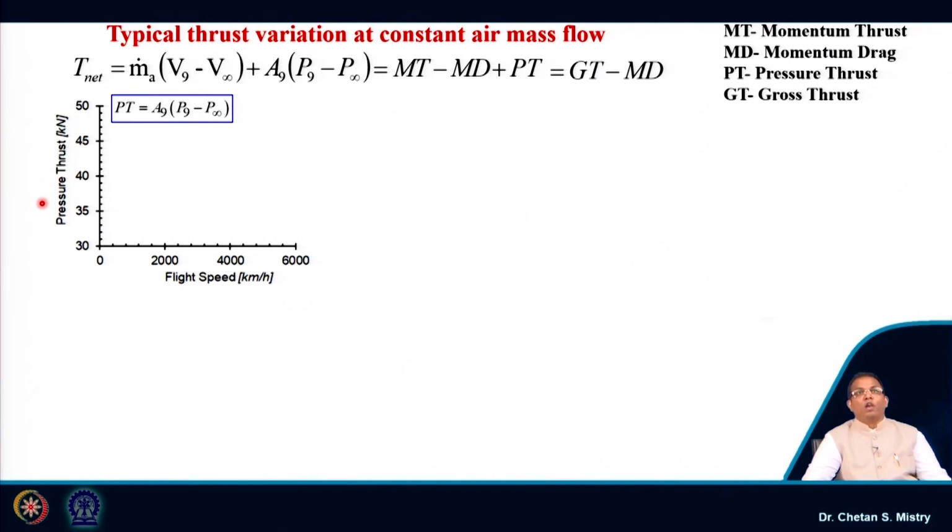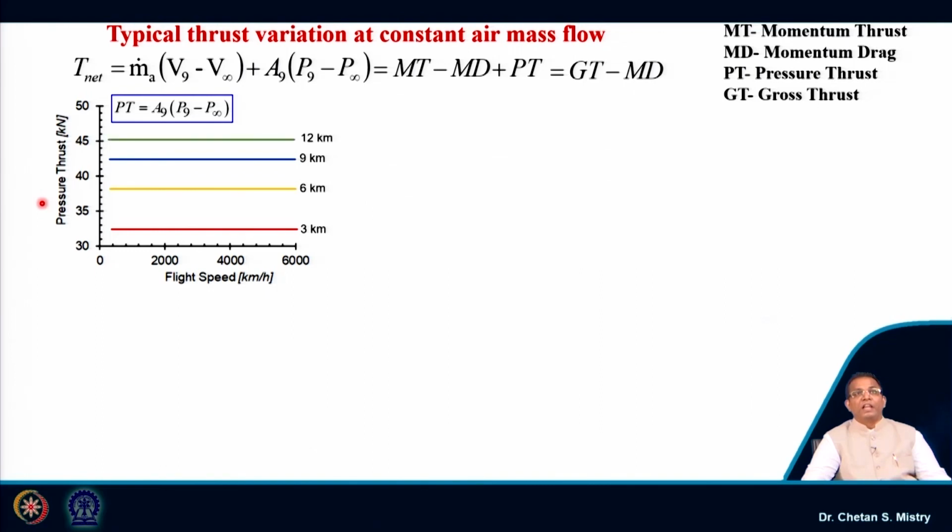With change of my altitude, the magnitude of P infinity changes. As we have discussed, with altitude my pressure reduces, which results in an increase of my pressure thrust. So at different altitudes, with the change of flight speed, we will have different pressure thrust.